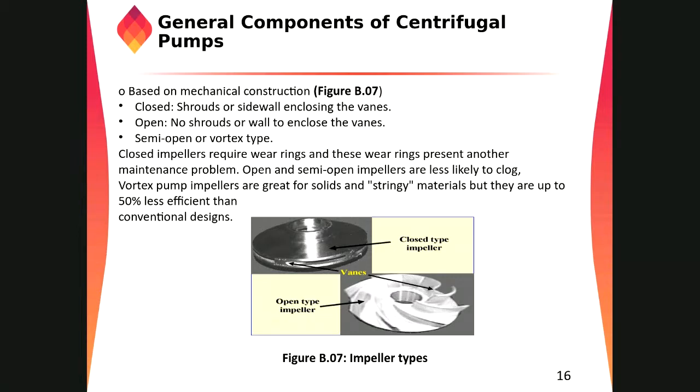In that case, the impeller size will be very big compared to a pump with 500 GPM at 150 psi. So the size of the impeller varies with the pressure and the flow.